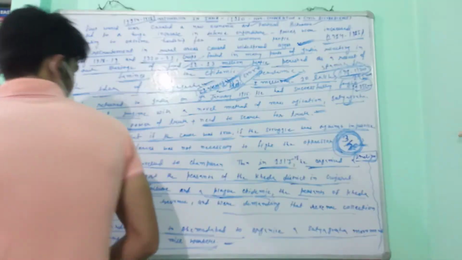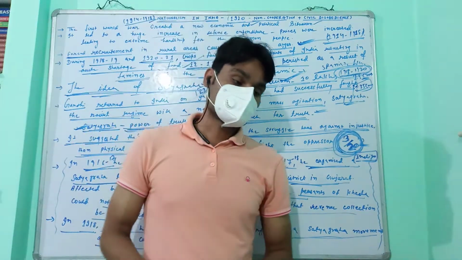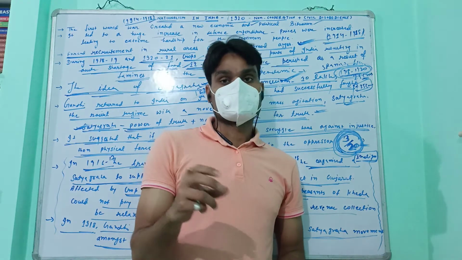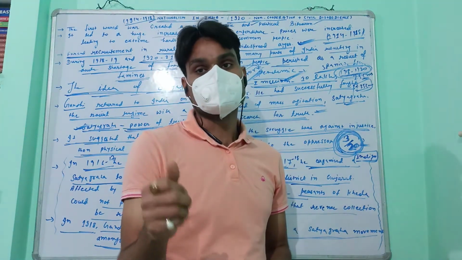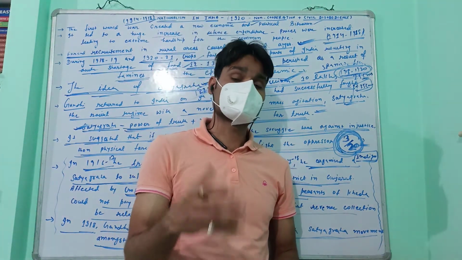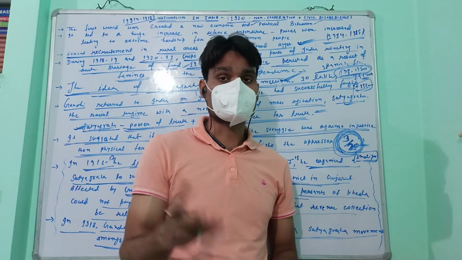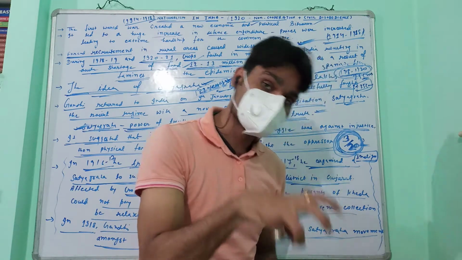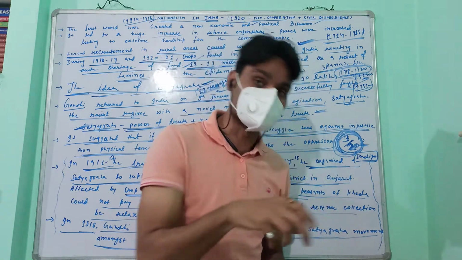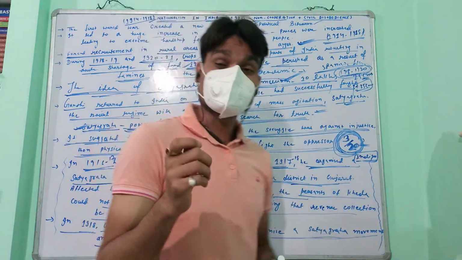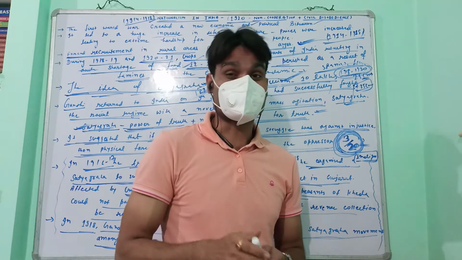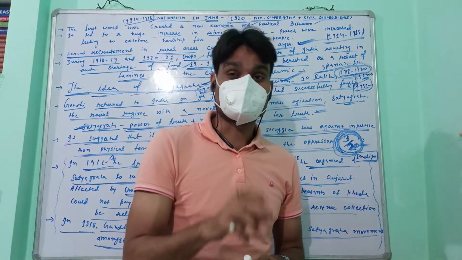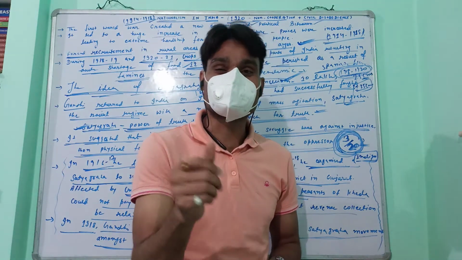The problem was that once the indigo crop was grown, the soil lost its fertility. That's why Indian farmers did not want to grow indigo on their land, but they were forced by the Britishers. The Britishers also compelled them to sell their indigo crop at the lowest price.